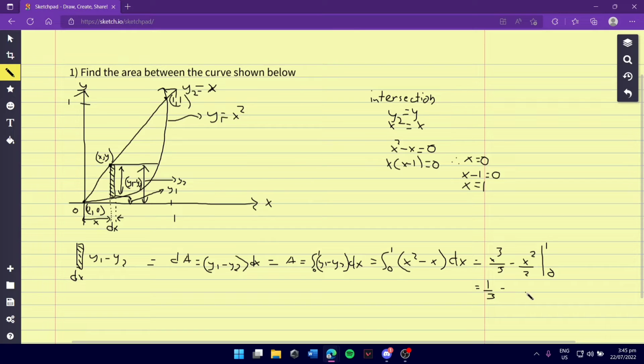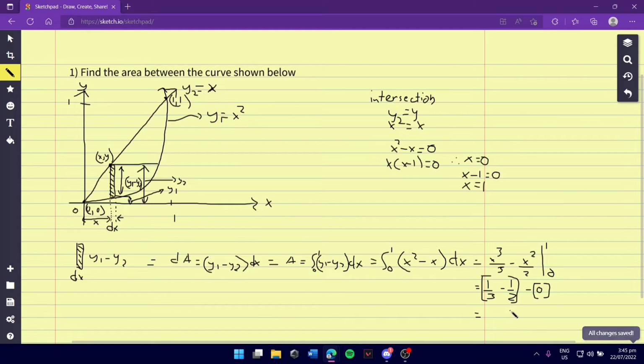And then the 1/2 here, distribute it by 1 times 1 will become 1/2. And when you distribute 0 here, it will be equal to 0. So now, you have your answer.